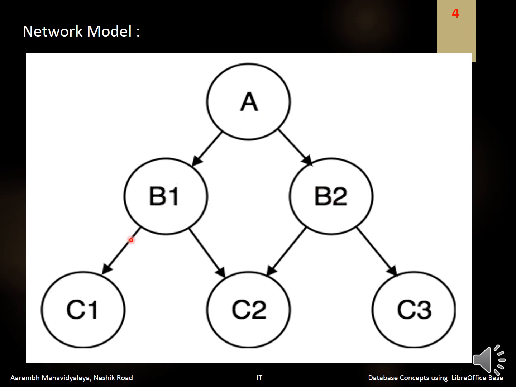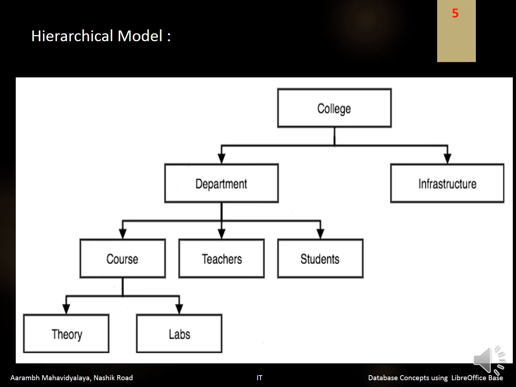Then B1 is connected to C1 and C2. Similarly, B2 is connected to C2 and C3. That means A is directly connected to C1, C2 and C3. One atom can be connected to any other atom within that model by using such a structure. This is known as the network model.